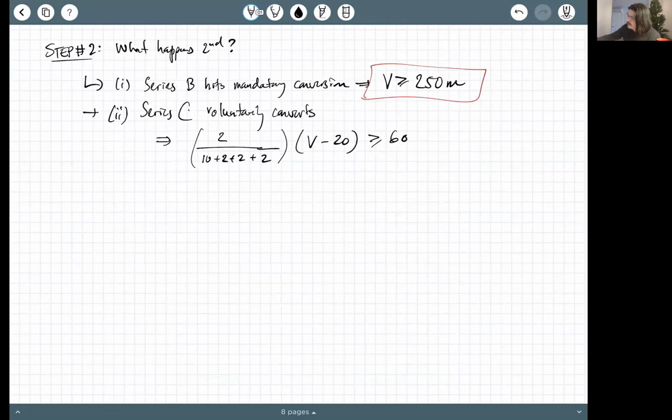And so if we do the math here, you're going to see we're going to get an answer that's bigger than the 460 million that we had in our prior calculation. So we can see this is 1/8, 480 plus 20, 500 million. So indeed, the second thing that happens is that Series B hits their mandatory conversion.